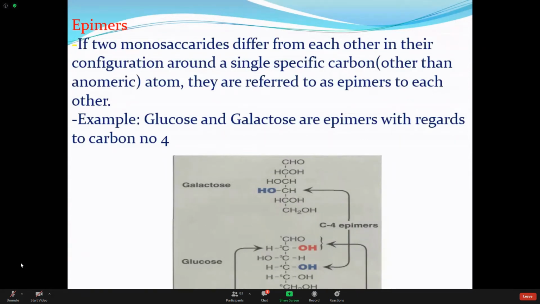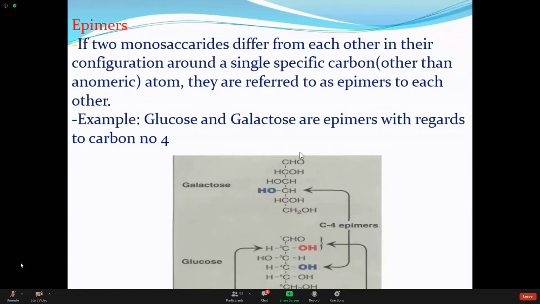I am talking about the arrangement of H and OH. So what differences are you noticing? For glucose, this is the first carbon, second, third, fourth, fifth, and sixth. For galactose, this is the first carbon, second, third, fourth, fifth, and sixth.